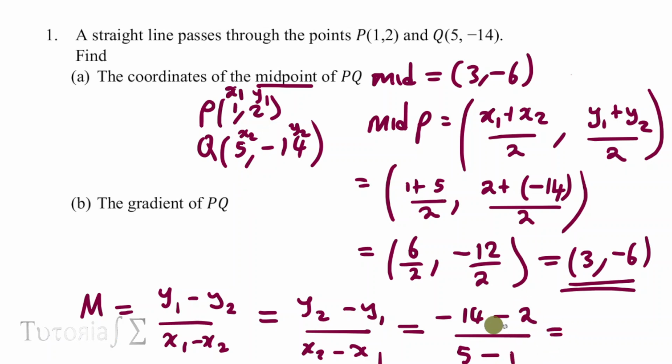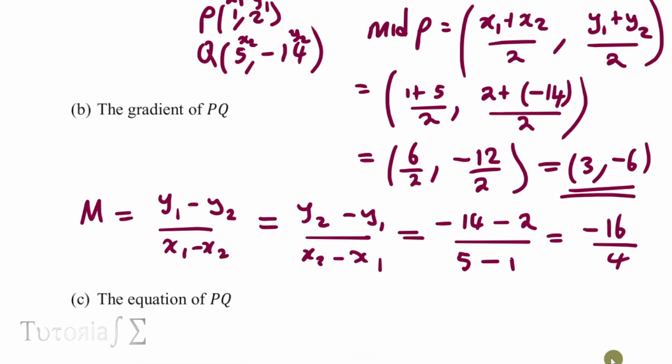So negative 14 minus 2 is negative 16. Here you should be very careful with the signs. This is where you might miss it. Over 5 minus 1, that gives you 4. When you simplify everything, the gradient is equal to negative 4. So that is the gradient.